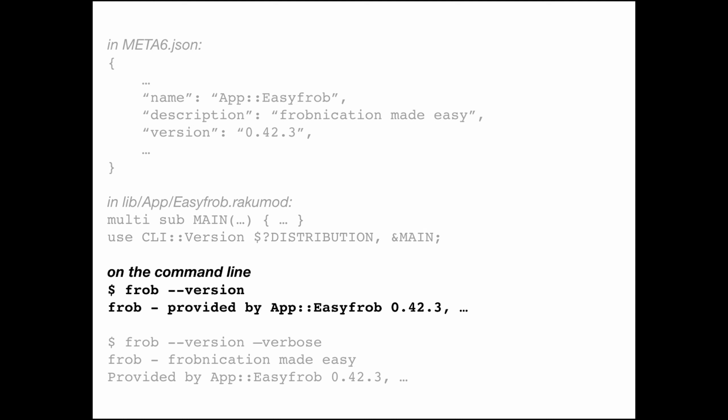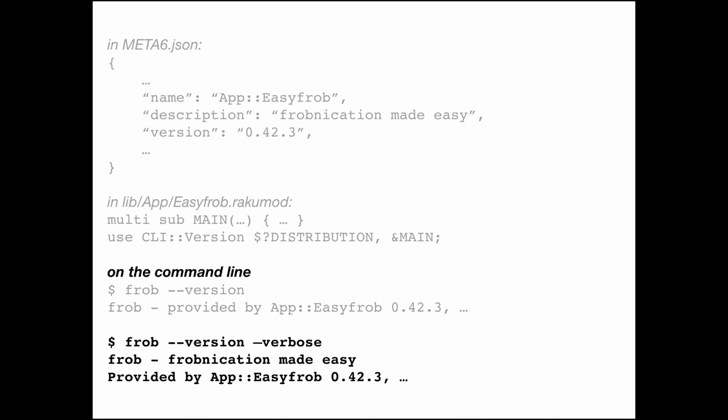It will basically take the name of the script provided by the module and the version and show some additional information. And you can make it a little more verbose by also specifying verbose. And it will actually tell you the description, propagation made easy in this case, and then provided by, etc. It's a very easy way of making the information about a module available in your script.